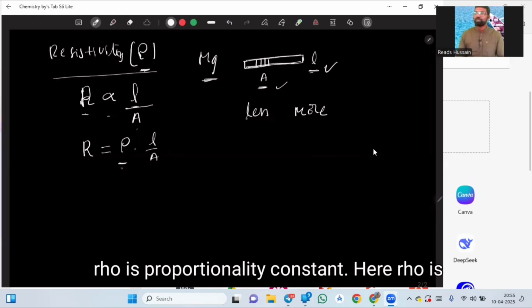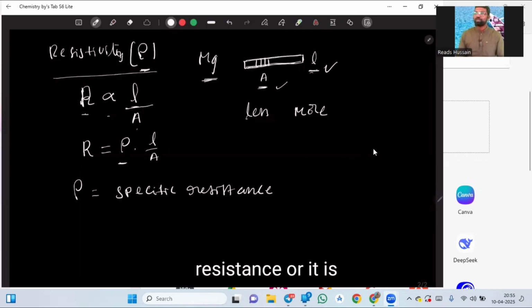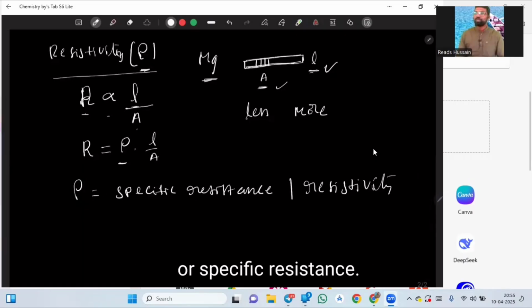Rho is also called resistivity or specific resistance.